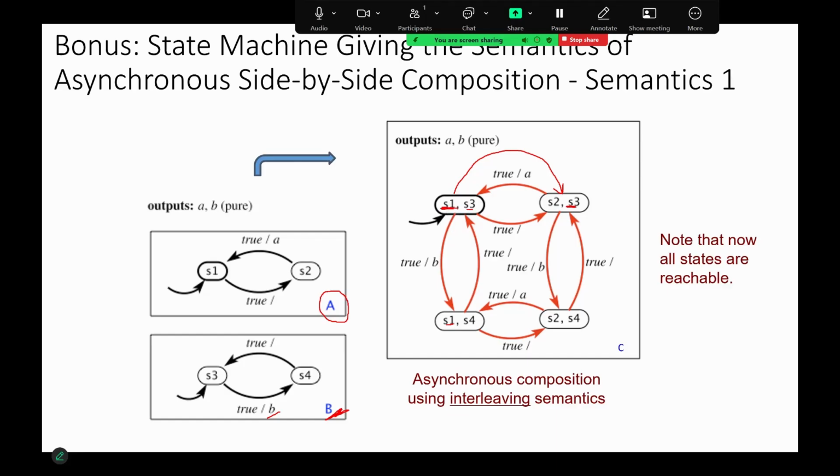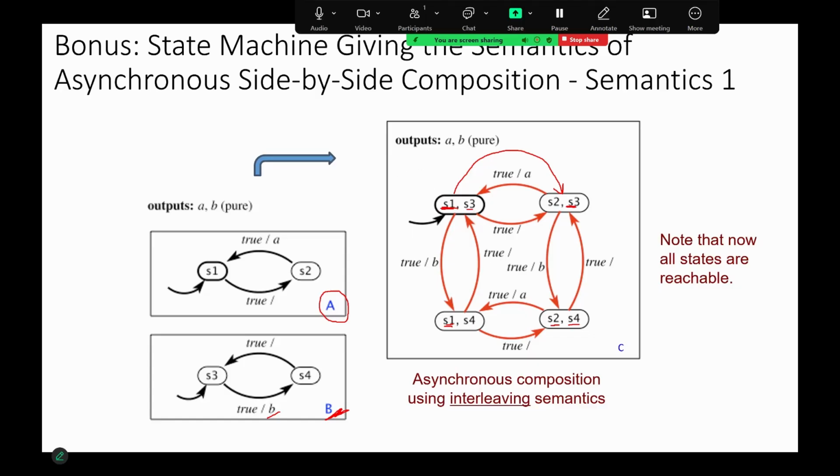Or S3 changes to S4 and we keep S2 as it is. And then at S2 S4 we keep S4 as it is and change S2 to S1, and so on. Is it clear?